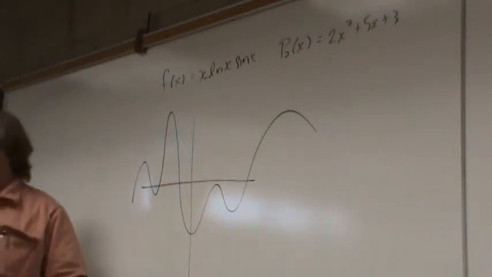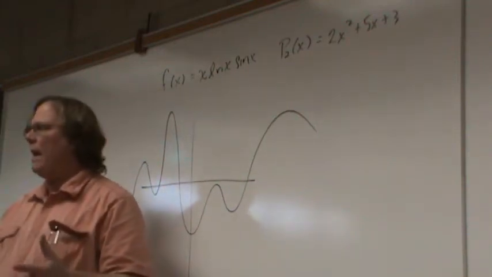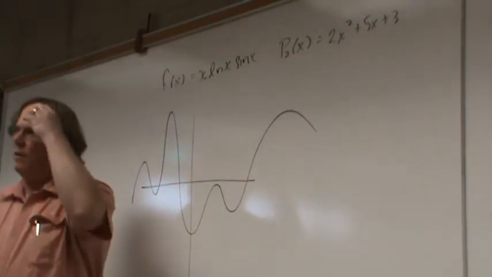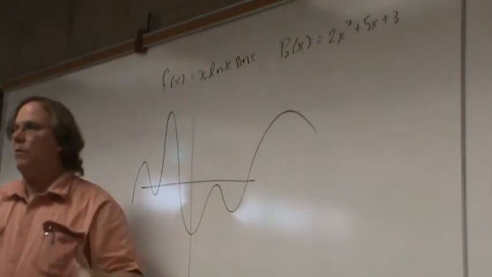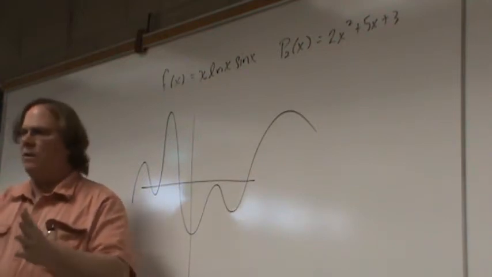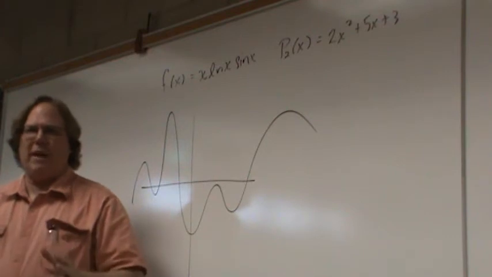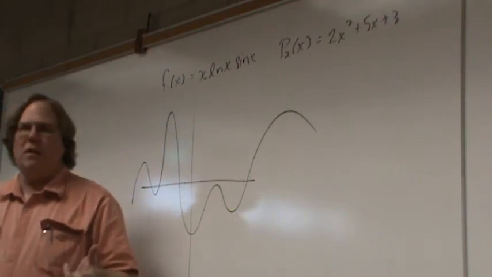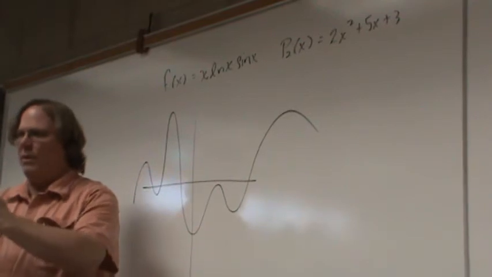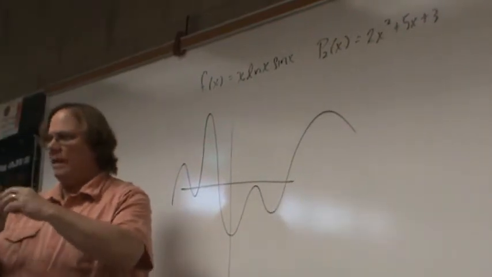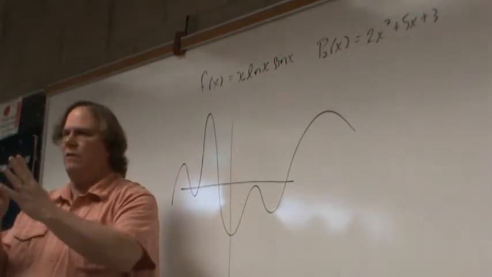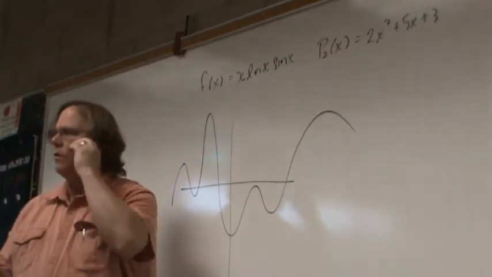Or if I had a function that modeled GPA of kids, like, if you tell me your family's income, I'll tell you what your GPA is, that sort of thing. Well, that only has to be good for GPAs ranging from 0 to like 4, right? If it's unweighted. I don't need a model that models GPA versus family income from 0 to infinity when GPAs only have meaning from 0 to 4.